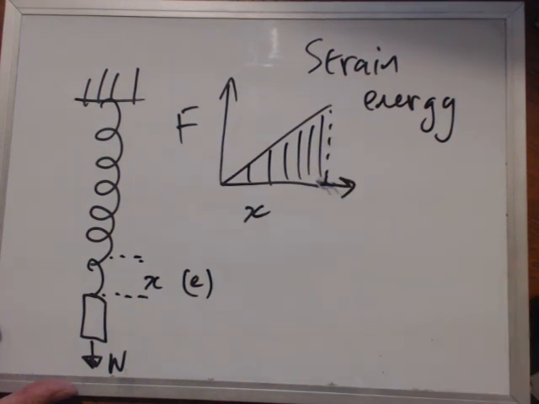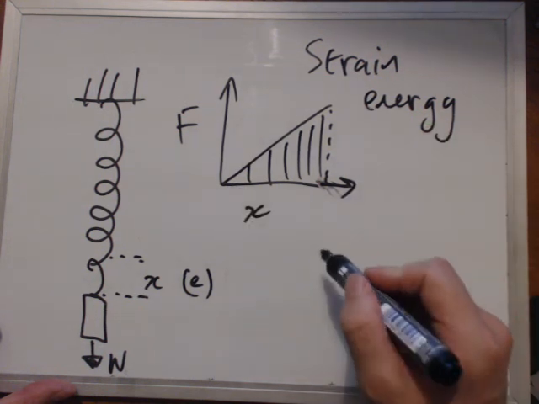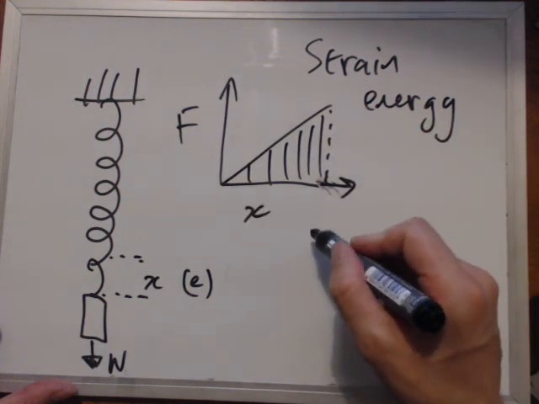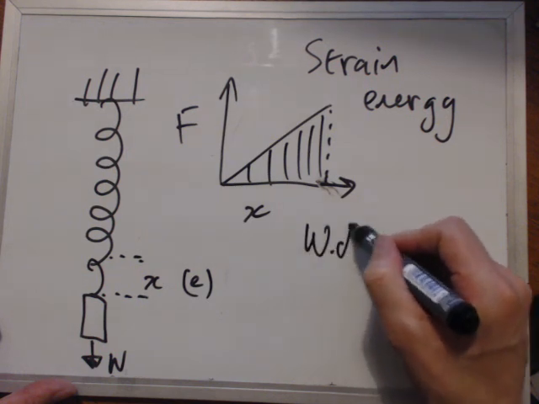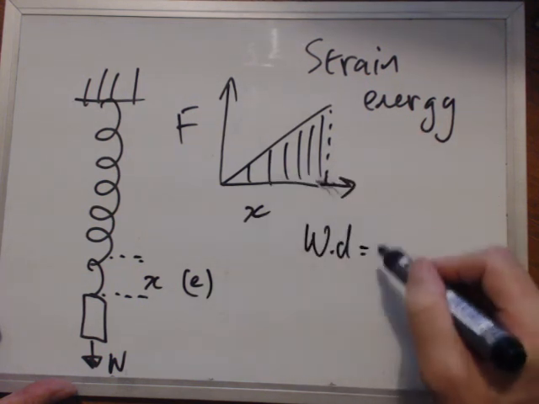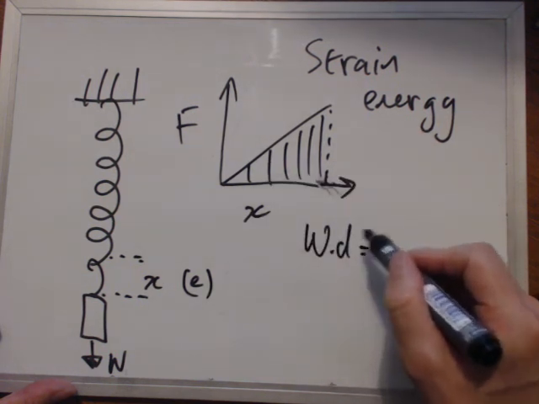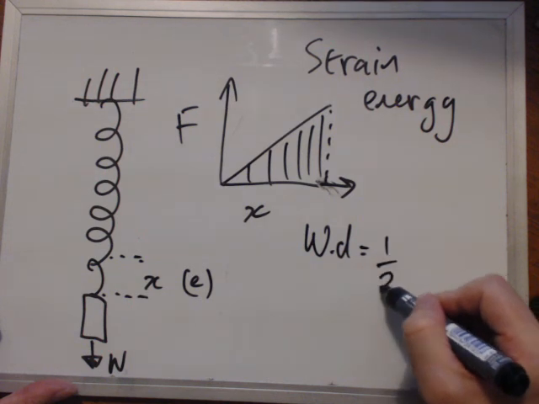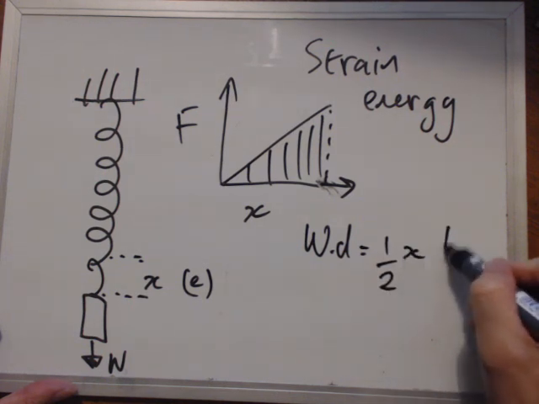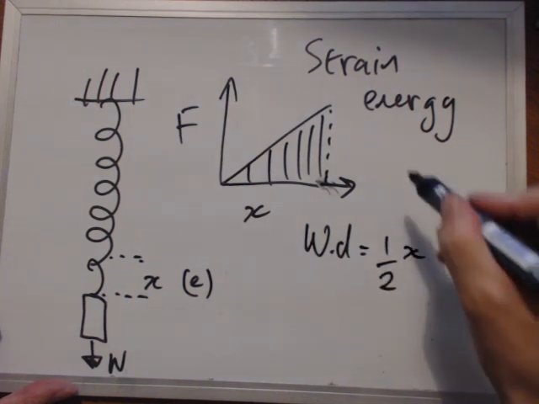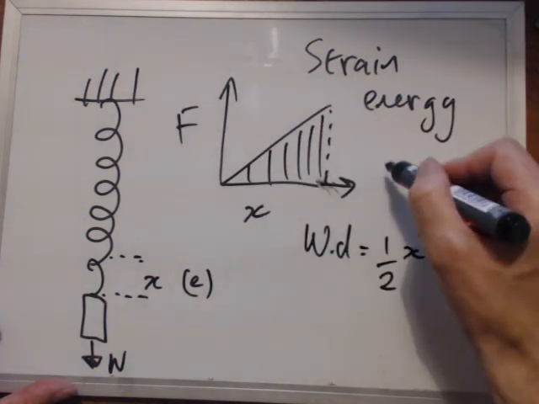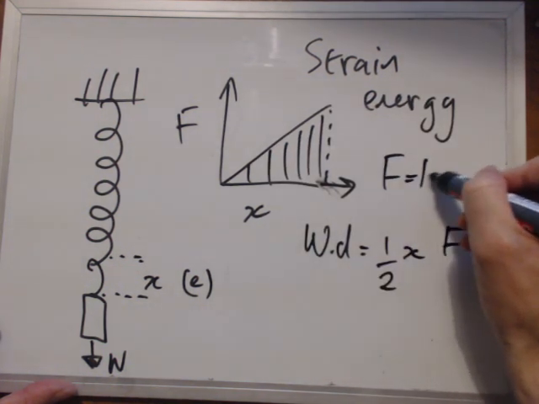Within Hooke's law, on the proportional line, the work done is equal to the area of that, so that would be half times x times F. Now because it's obeying Hooke's law, F equals kx.